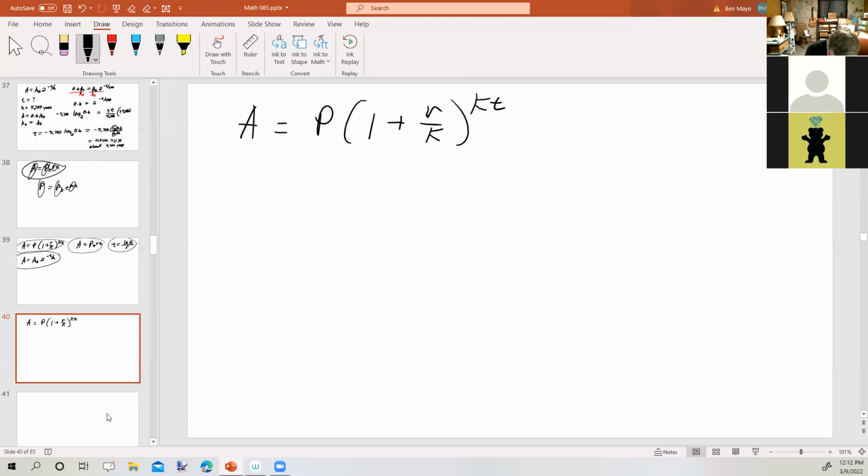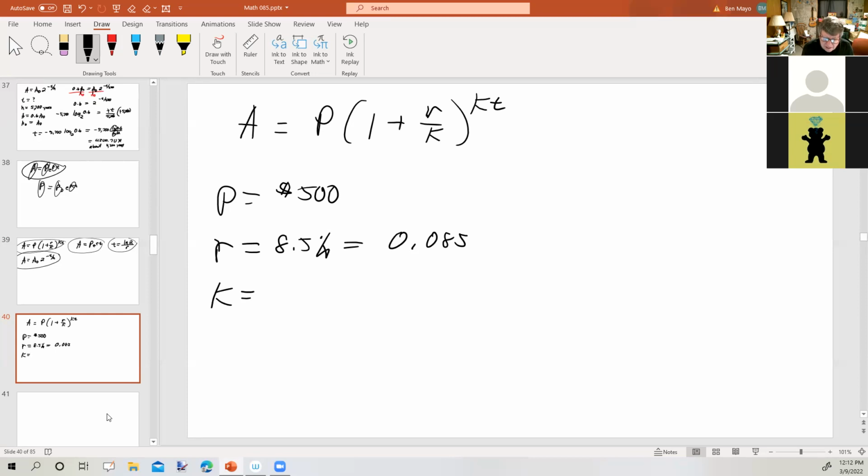Okay, $500 is deposited in the account paying 8.5% annually, compounded semi-annually, so that's twice. How long will it take for the account to increase to $800? So time is the unknown.